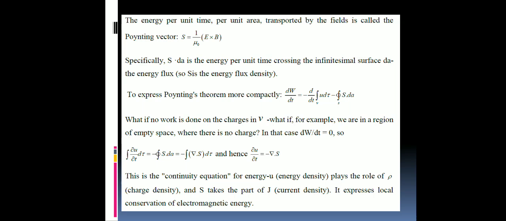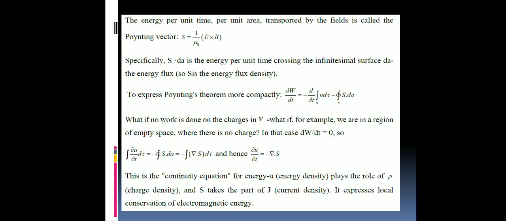S is the energy flux density. To express Poynting's theorem more compactly, dW by dt is equal to minus d by dt volume integral of u d tau minus closed surface integral of S dot dA.